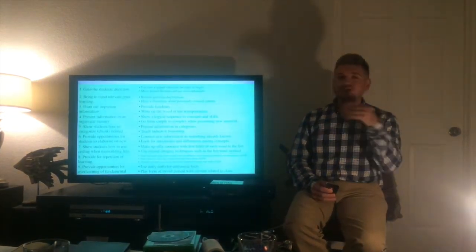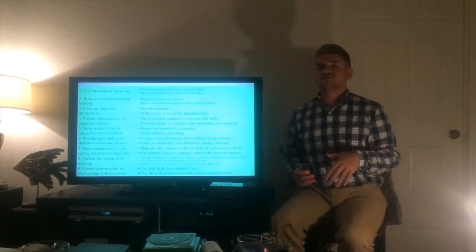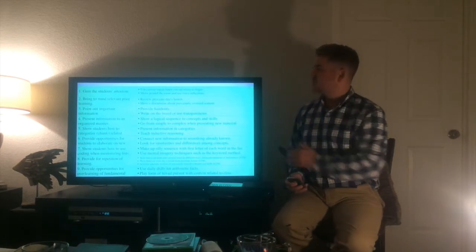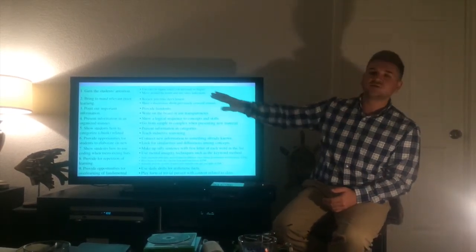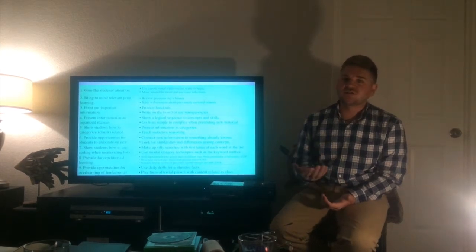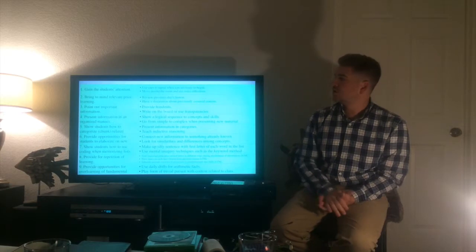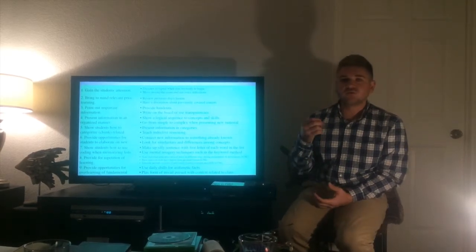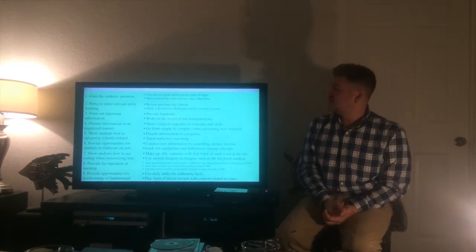So the reason that these processes are important is because this is what we use in the classroom. When we talk about gaining the student's attention, the first thing that we do, we might use cues or a signal word to get them to come to attention and to let them know they're ready to begin the lesson.